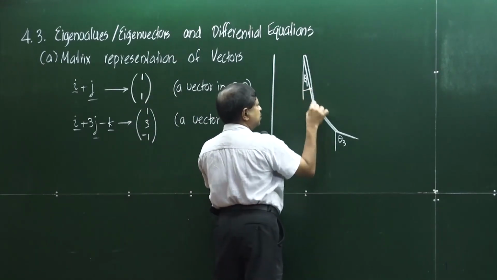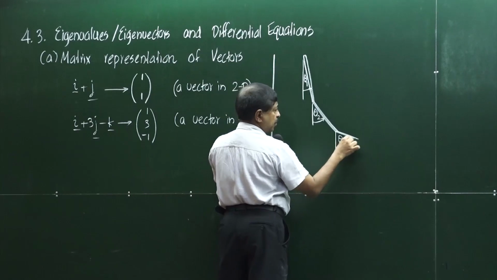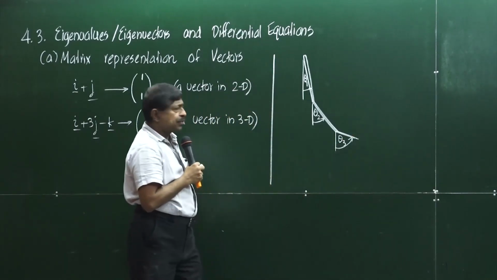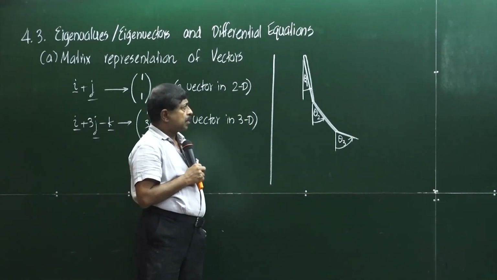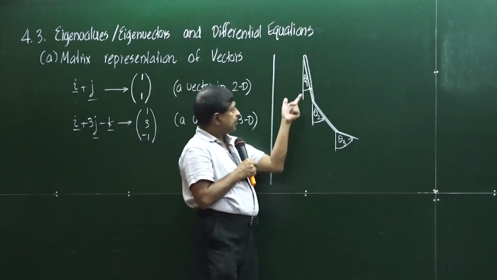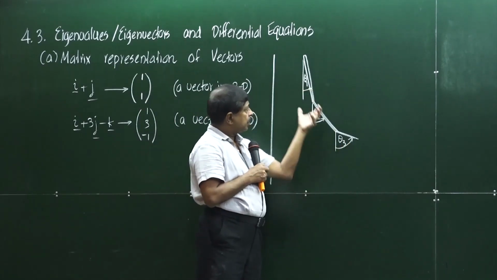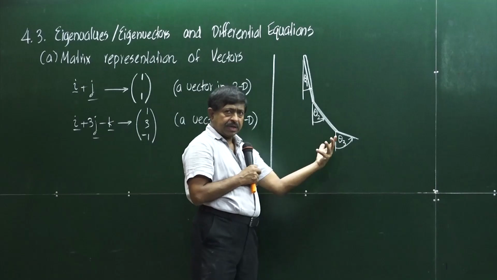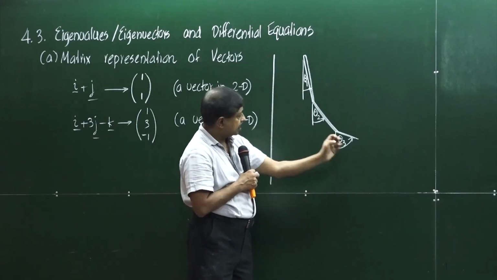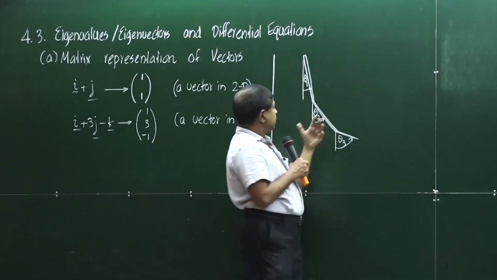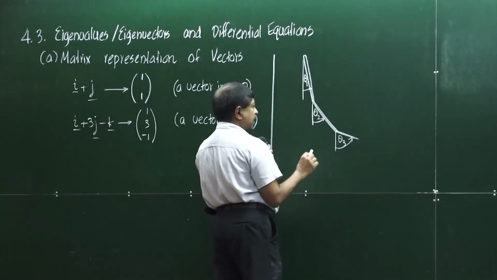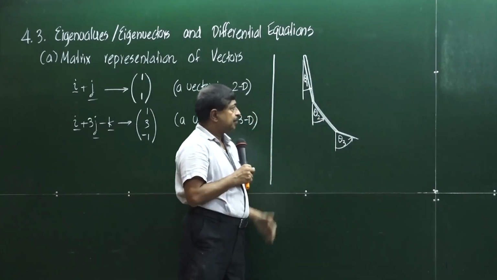So say this is in motion. If you want to describe the motion of this arm, you can first explain the orientation, the arrangement of these arms at a given time instant.